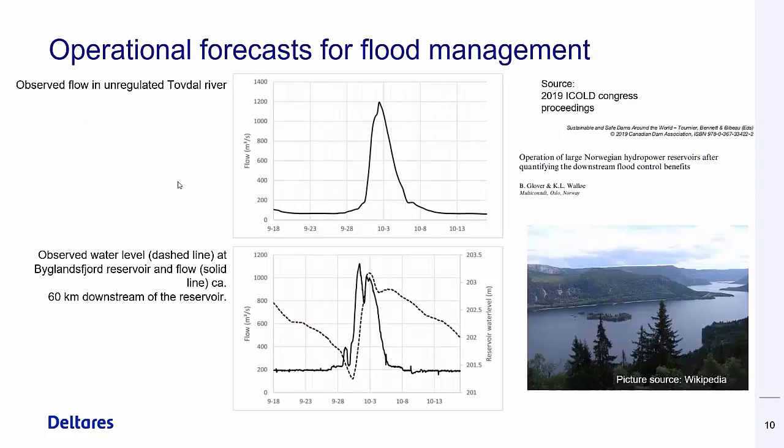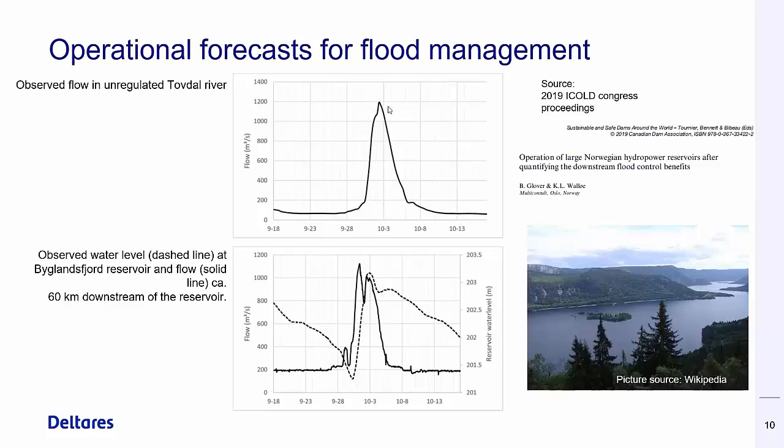To give an example of what can make sense in reservoir operations to address these different goals, here you see the flow in an unregulated Tovdal River in Norway. I took this from ICOLD Congress proceedings. This is upstream of the reservoir, the flow over time, and there's a flood peak here, quite significant, 1200 cubic meters per second.